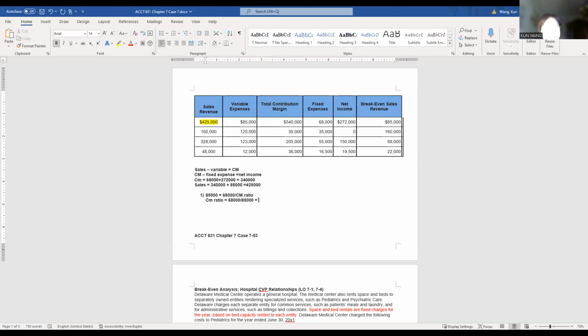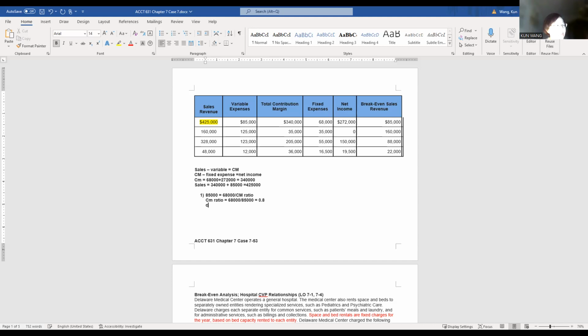It should not be larger than 1. That's why if I use 85,000 on the top, it will be wrong. Divided by 85, it's 0.8, or 80%. So what's the CM ratio? Backwards, the CM ratio equals total CM divided by sales revenue. Do you have the contribution margin?